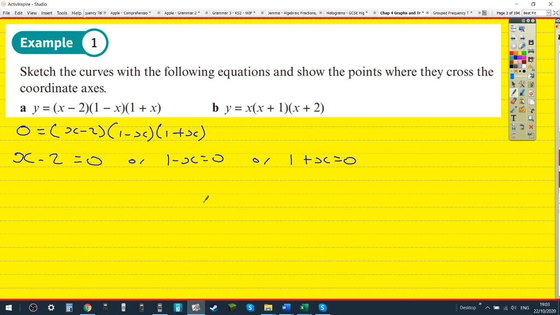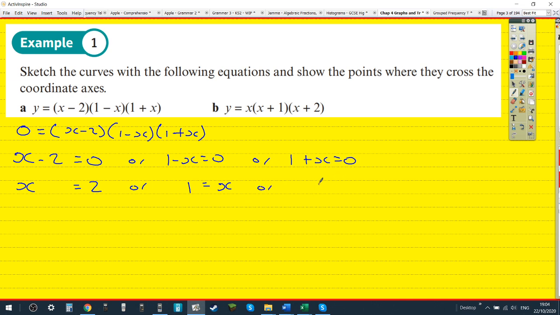We just want x on the left of each one. So x is 2. x is minus 1. And positive x is 1.